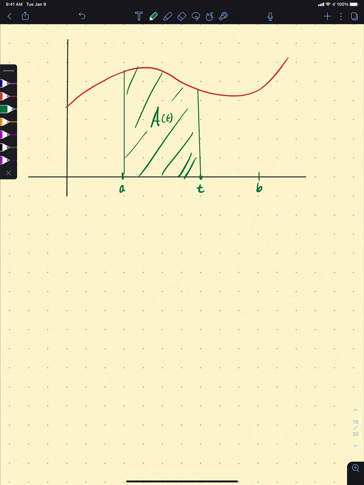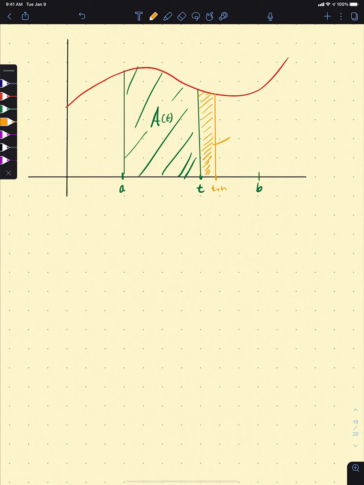And so here's what I actually want to think about. Since we're trying to get this in terms of some sort of derivative, what happens when I take some tiny step here to t plus h? Obviously, I have to exaggerate the size of the step. But let's say we take some tiny step here. From here, what is the area of just this little rectangle?